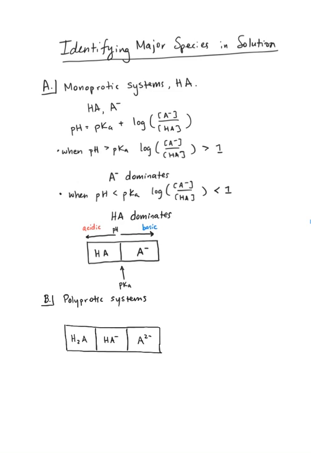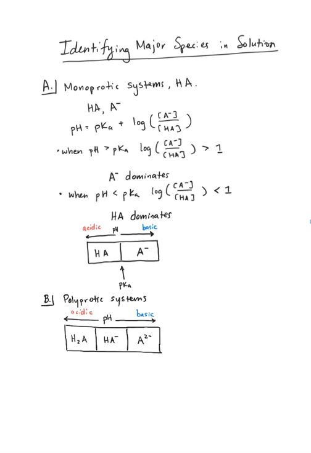In a polyprotic system, like a diprotic acid, if we think about visualizing the relationship between the pH of a solution and the major species in solution, again, moving to the right along this visual box represents basic solutions, and moving to the left represents more acidic solutions.